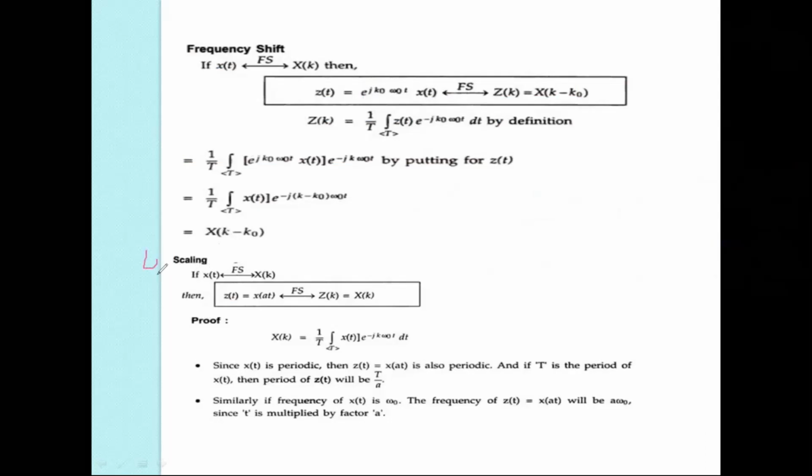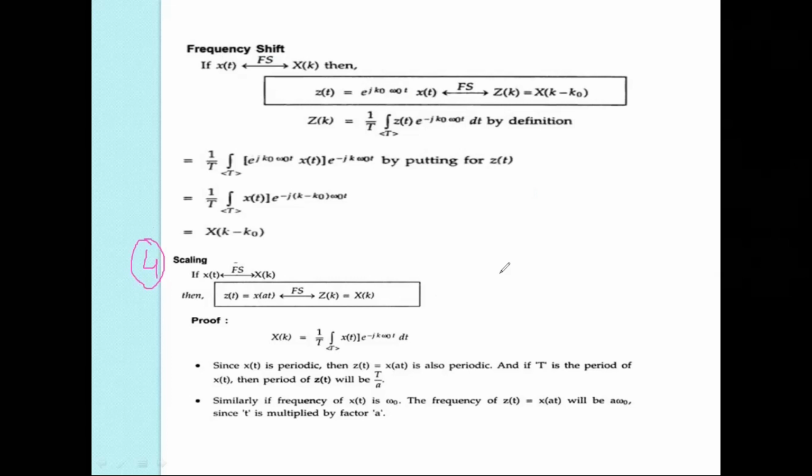Fourth property, scaling property. Till now we discussed the linearity property, time shift property, and frequency shift property. Now coming to the fourth property, scaling property. Here you have to remember two words for the scaling.